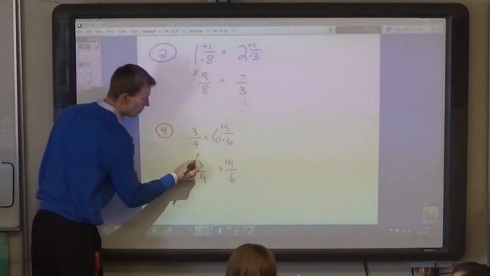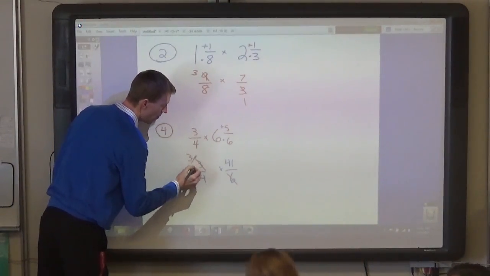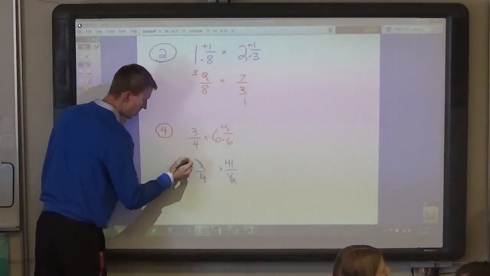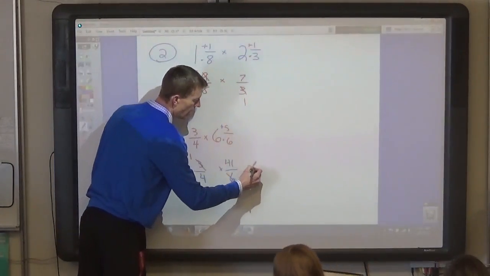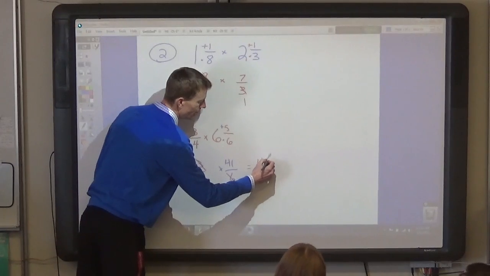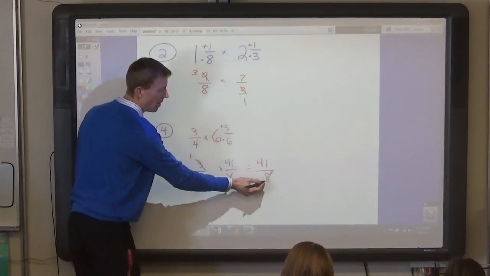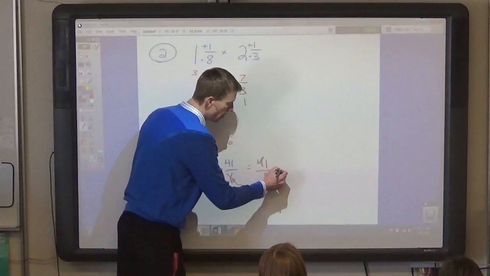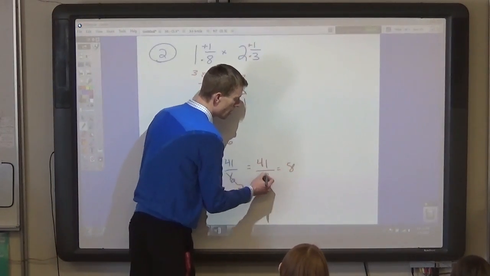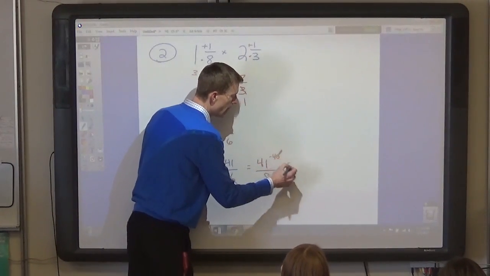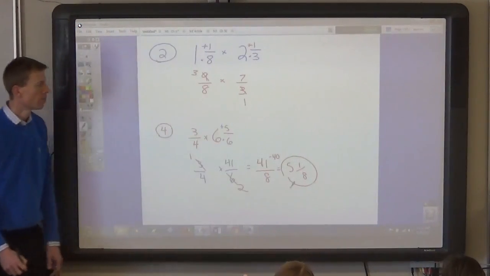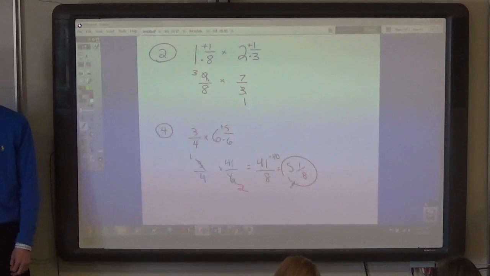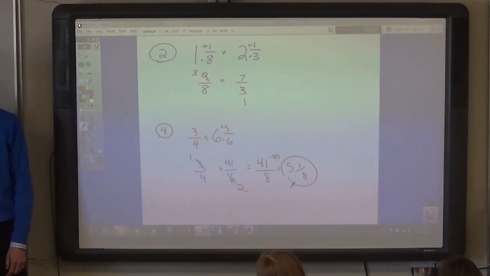So, factor out the 3's and multiply. And then 8 goes into 41 5 times. Find the remainder. 5 and 1/8. Okay.